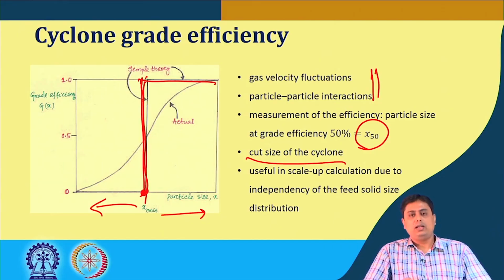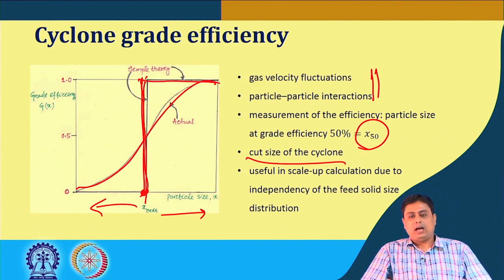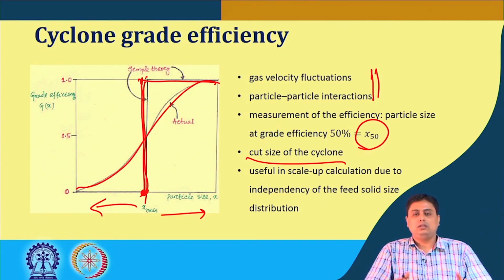We have also understood that the ideal scenario is not practical, is not feasible, and the grade efficiency of a cyclone typically takes a shape of this kind of an S shape of curve, like the other separator that handles this centrifugal force and the drag force balance. There is a single number we have tried to identify, which is called the x 50, that is the grade efficiency at 50%.